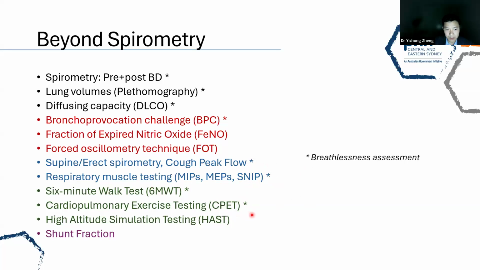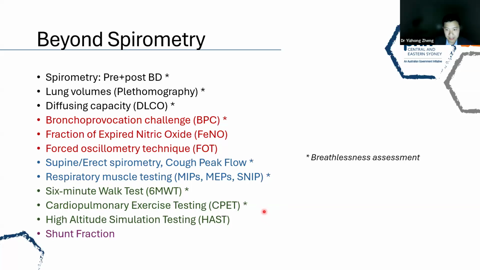The next three are more functional testing, so the 6-minute walk distance and walk test, which you're all familiar with. We use it in COPD patients, IPF, and pulmonary hypertension patients. Again, good prognostication value and also useful for breathlessness assessment.